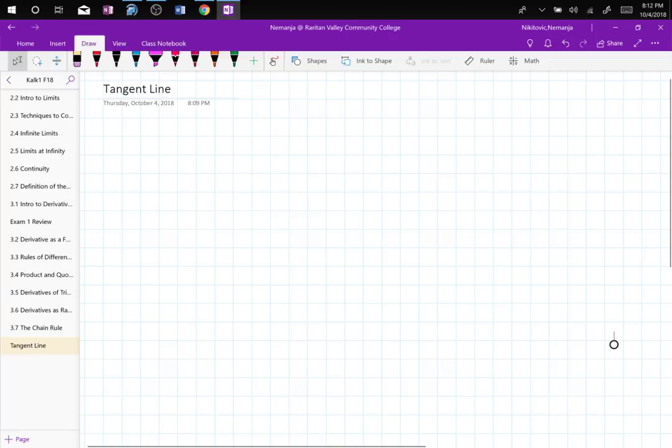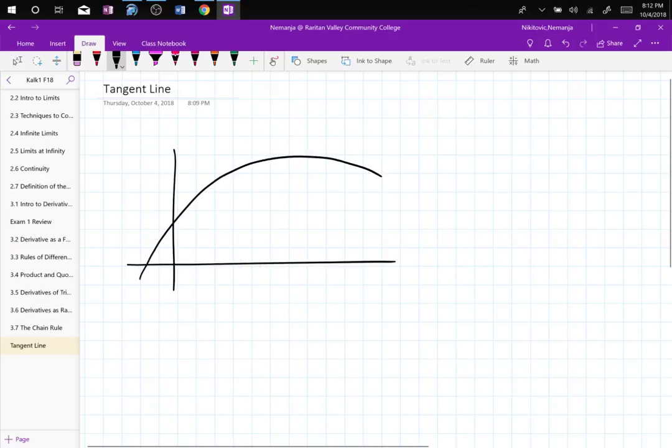So if I have some kind of a function and I pick a value a, there will be a tangent line at that a, and the slope of the tangent line measures the instantaneous change, the change at point a.